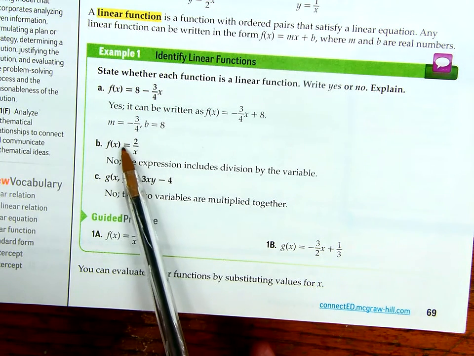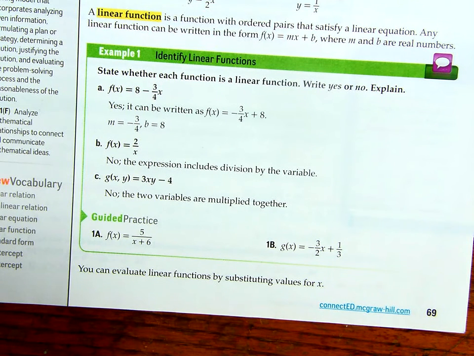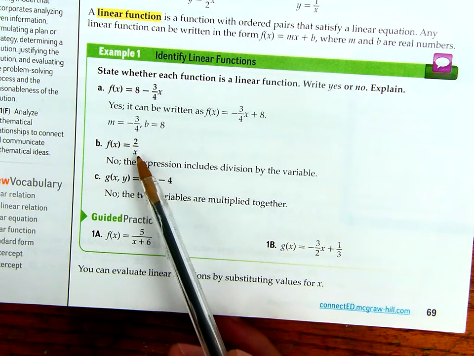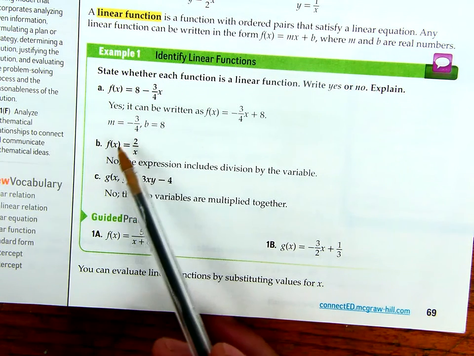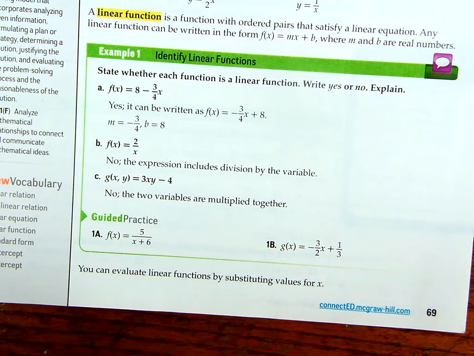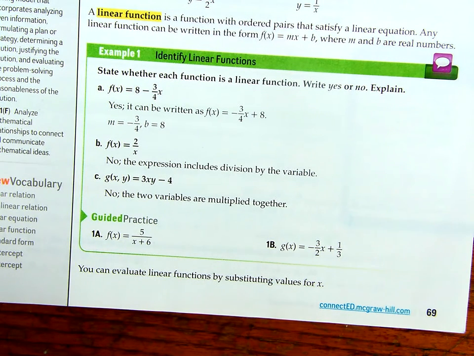B. F of x equals 2 divided by x. You can't do anything with this x except multiply it to the y, and in that case it's not by itself, or divide the 2 by it, and in that case it's on the bottom of the fraction in the denominator.